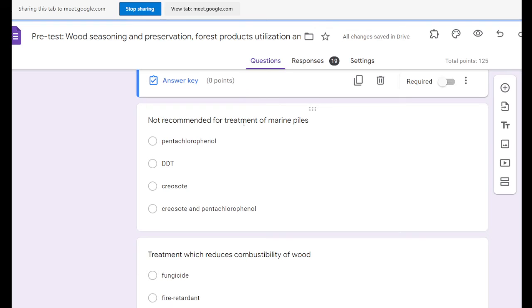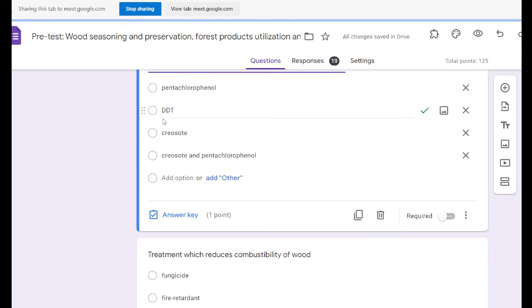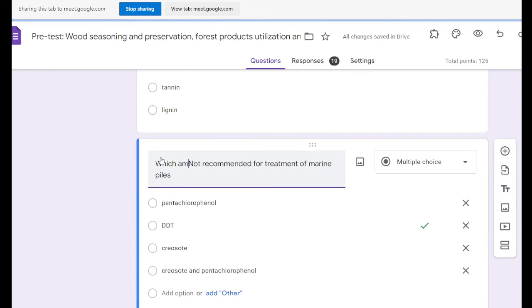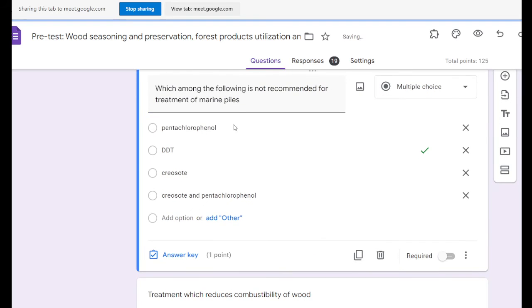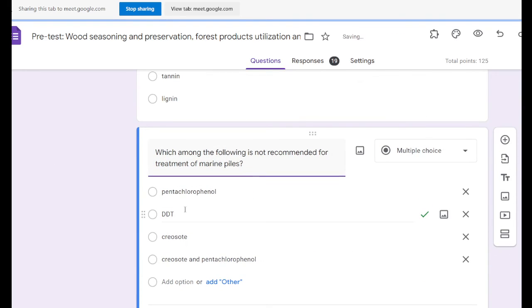Which among the following is not recommended for the treatment of marine piles? The answer is DDT.